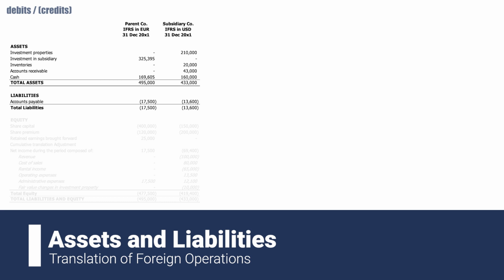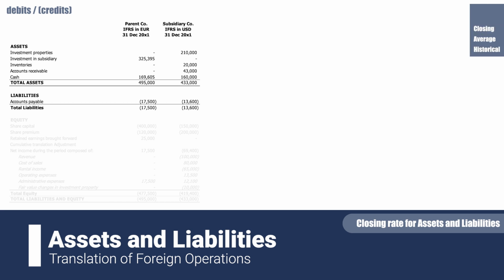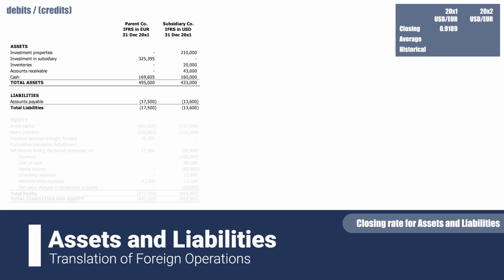They should be translated using the closing rate at the reporting date. The closing rate is the exchange rate at the end of the period. From here, we assume that 1 USD is equivalent to 0.9189 euro as at December 31, 20x1. This is the closing rate that we will use to convert all assets and liabilities of subsidiary B.